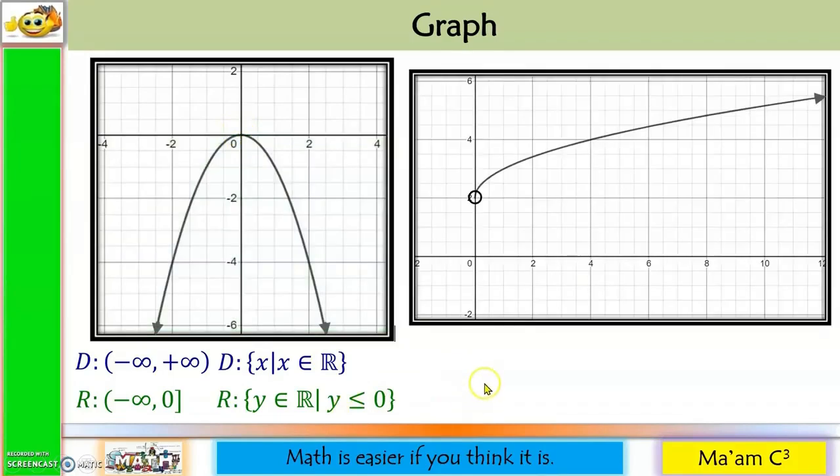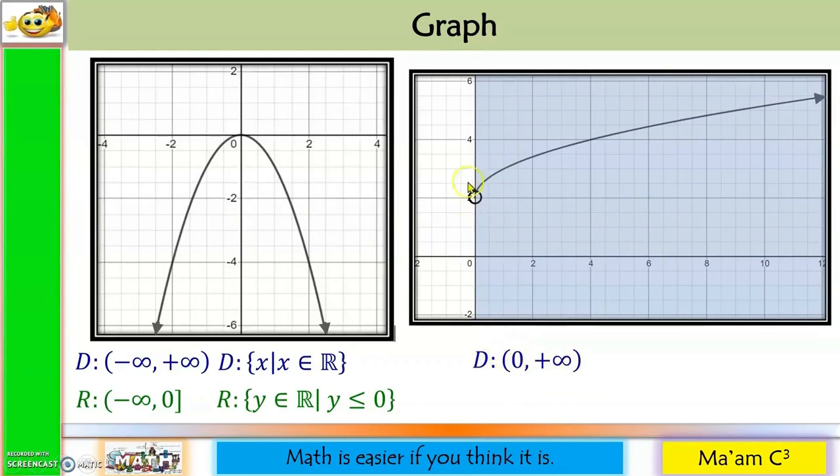So for the domain coming from the left going to the right. So look at your x-axis. You first see color at 0. And take note that it is open circle. Going to the right, see that arrowhead? It means it has no end. So the domain will be 0 to positive infinity.